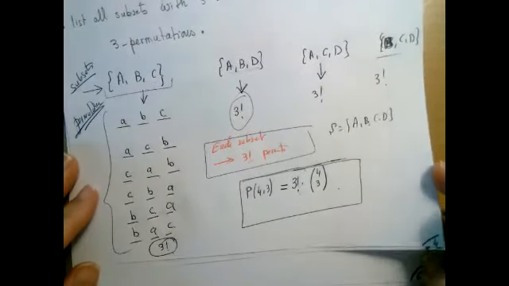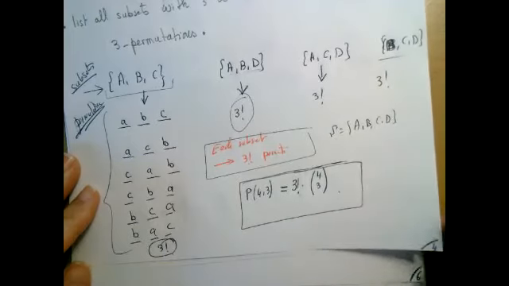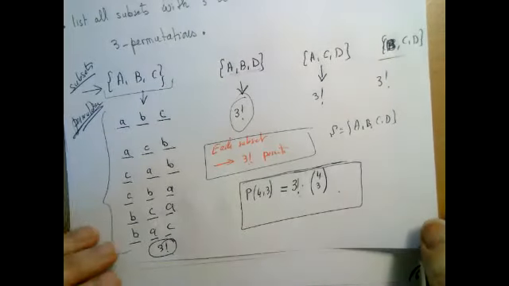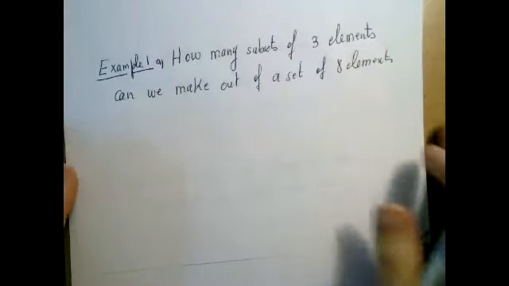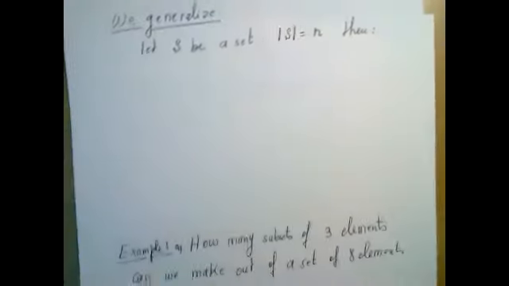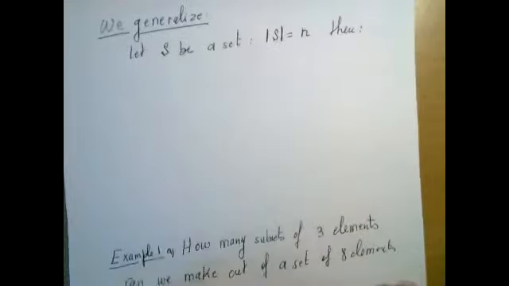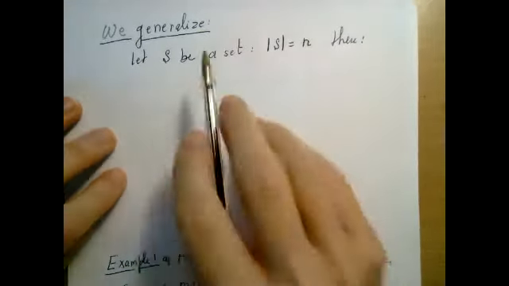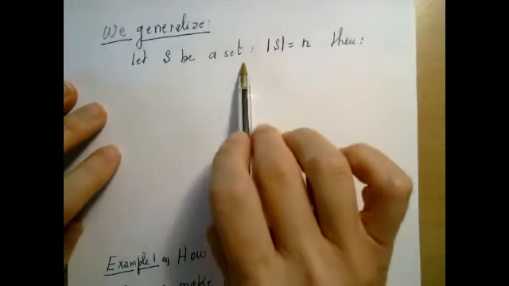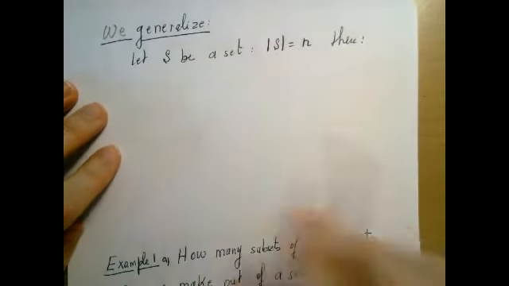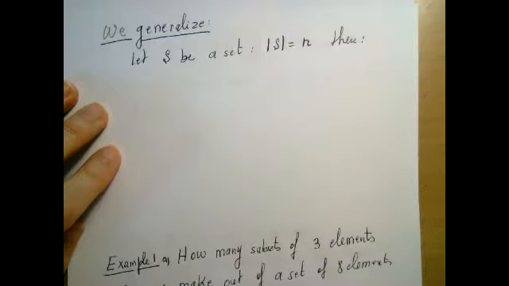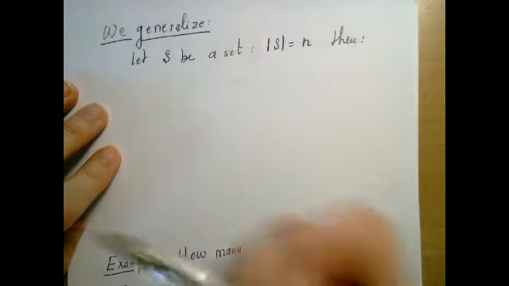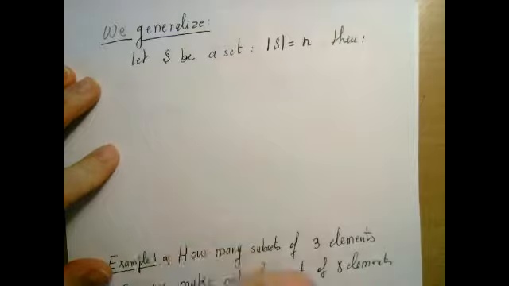Okay, I'm going to try to generalize this. What's really the general relationship between permutation and combination? Once we derive the formula, the rest will be examples, but we have to find the formula. So in general, suppose S is a set, and the cardinality of S is equal to N. Let's see.